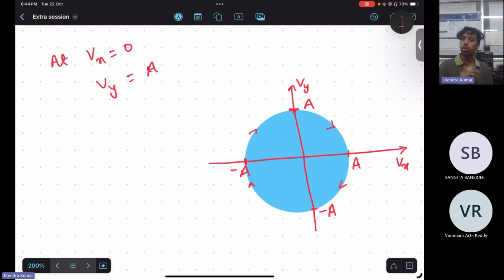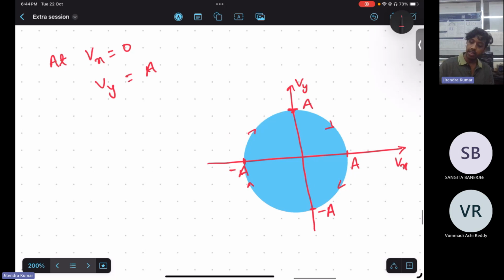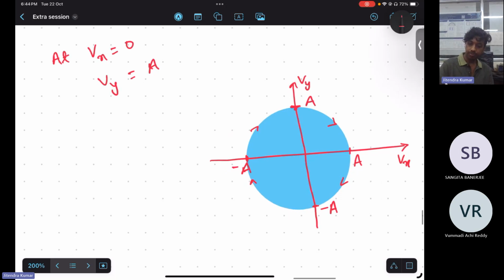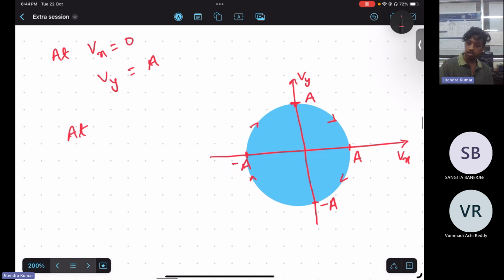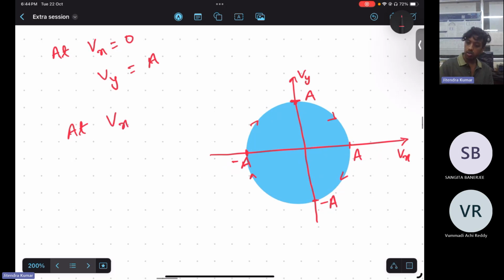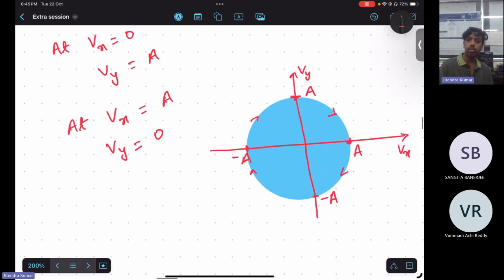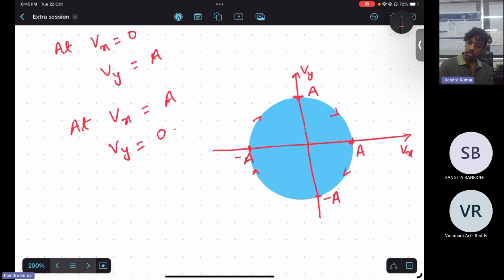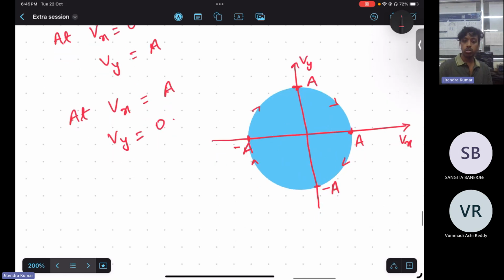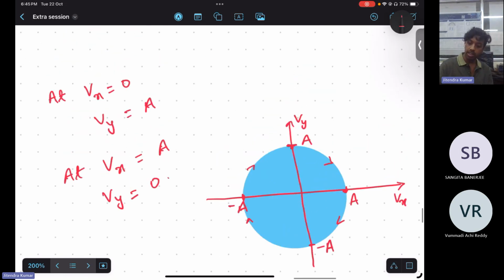So at Vx equal to 0, Vy is a. At any other time, Vx is a, then Vy will be 0. And it will only be in sinusoidal form.